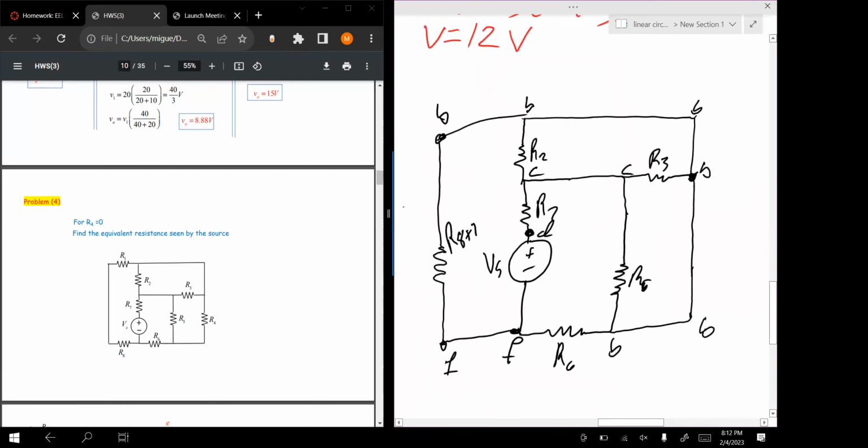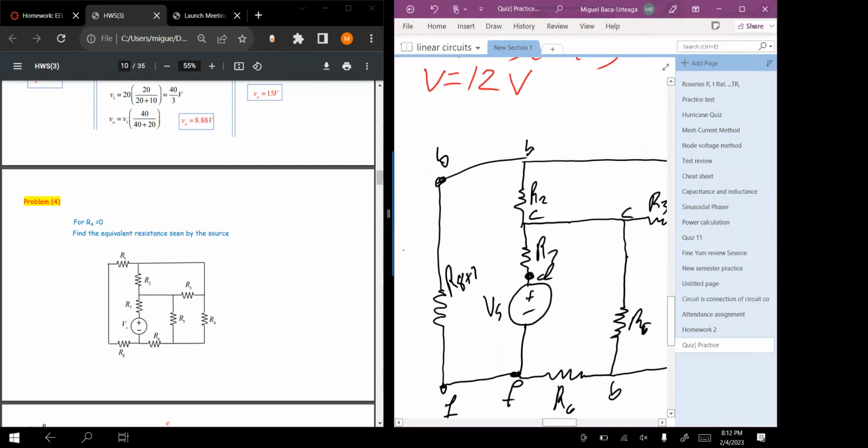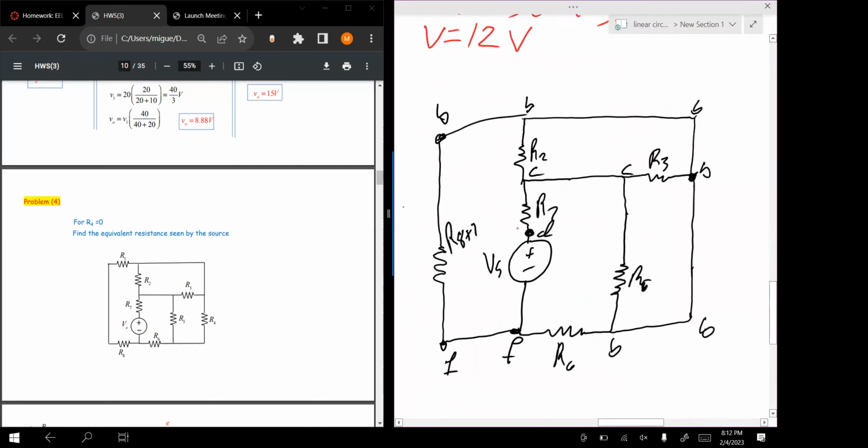So here's what I'm saying, check it out. We have current flowing through here. Now look at this. This is all node C here, right? This is all one shared node, voltage Y. What I'm seeing is one shared node here between R3, R2, and R5, and one shared node out here.